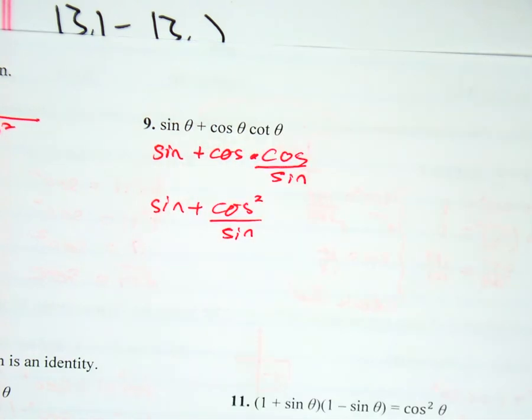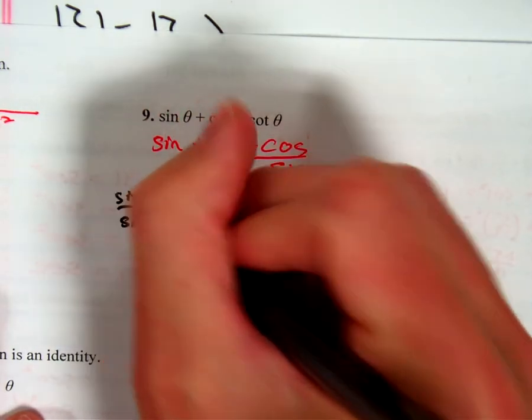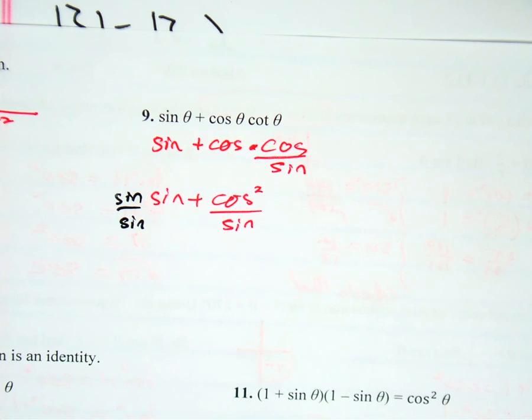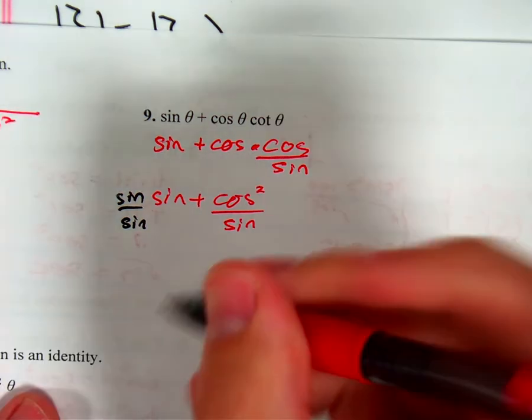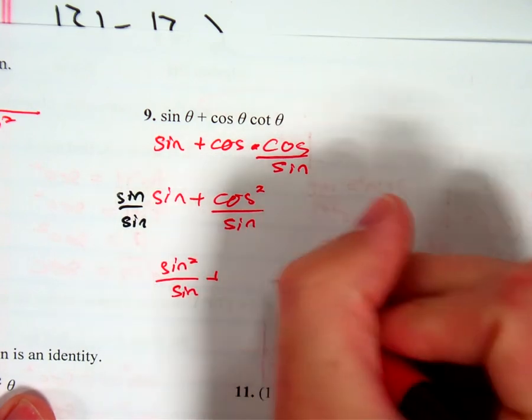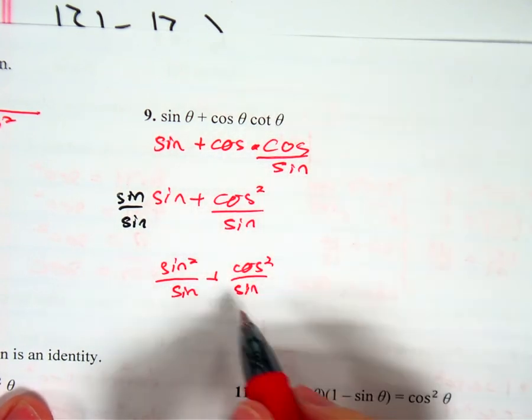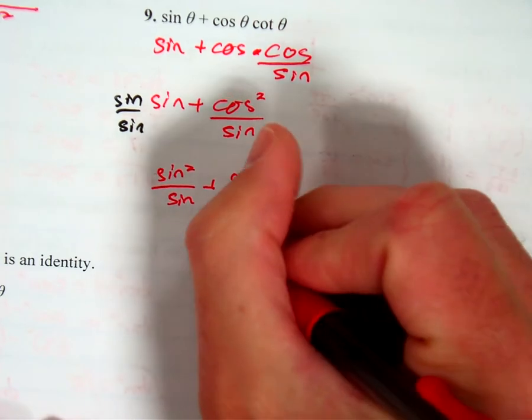I'd like to add these together, so we need a common denominator. Let me multiply this one by sine over sine. Now I have sine squared over sine plus cosine squared over sine. Common denominator, I can put them together.